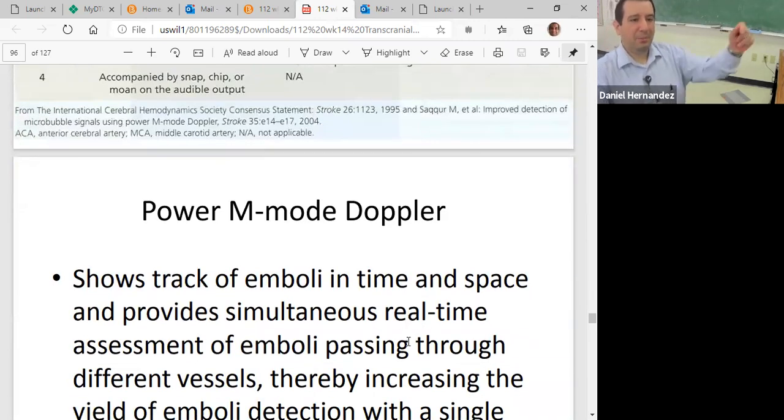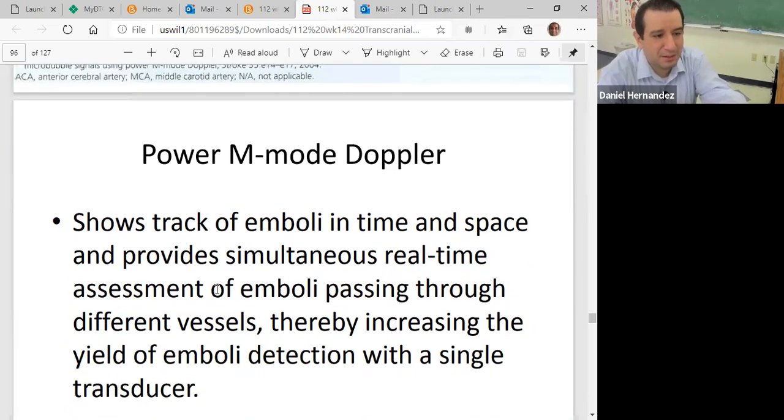So power M mode Doppler shows the track of emboli in time and space and provides simultaneous real-time assessment of emboli passing through different vessels, thereby increasing the yield of emboli detection with a single transducer.